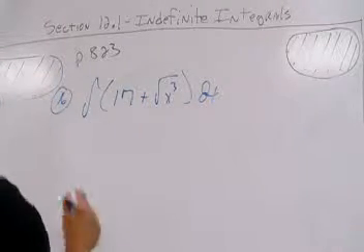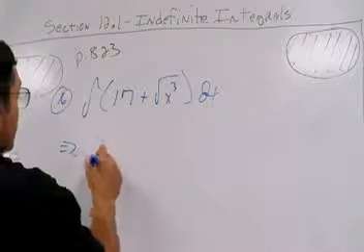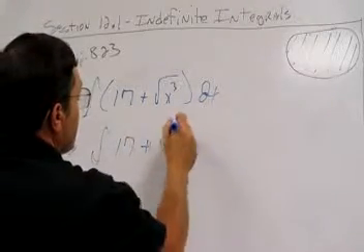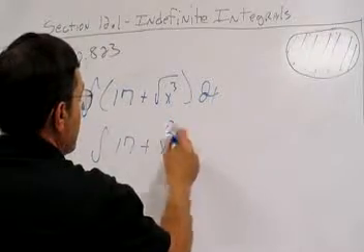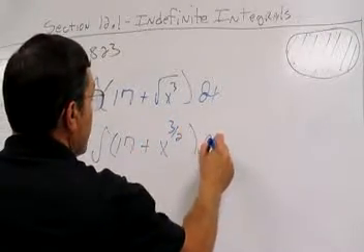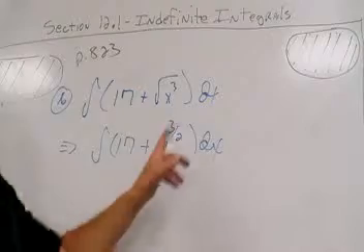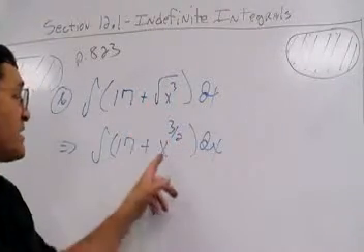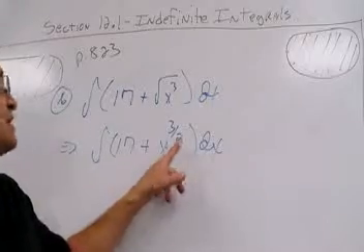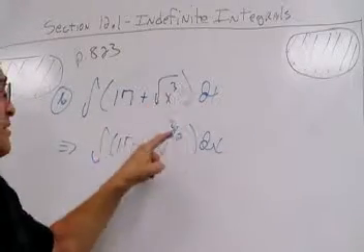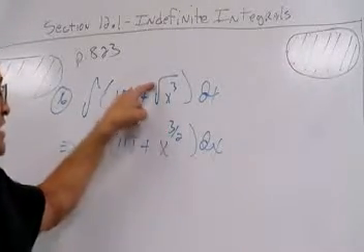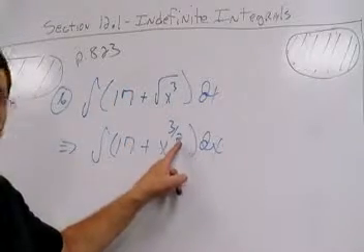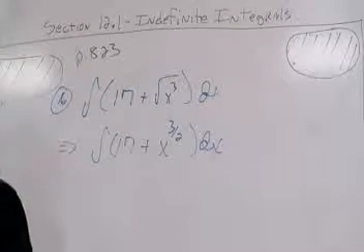The first thing we would do with this is we would rewrite this as the antiderivative of x to the 3/2 power. The way you simplify the square root of x to the 3rd is you write it as x to a rational exponent. The 3, the power, goes in the numerator, the index of the radical, and if you're taking the square root, that's the second root, and that goes in the denominator.